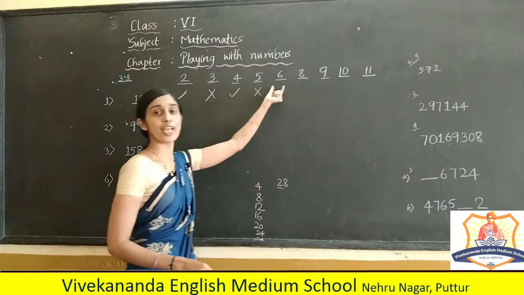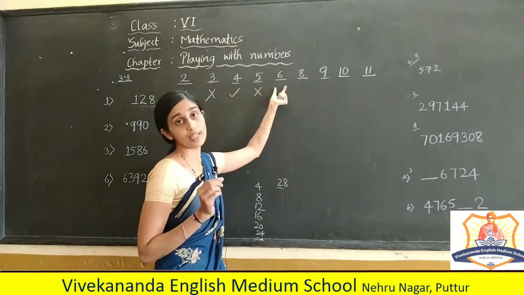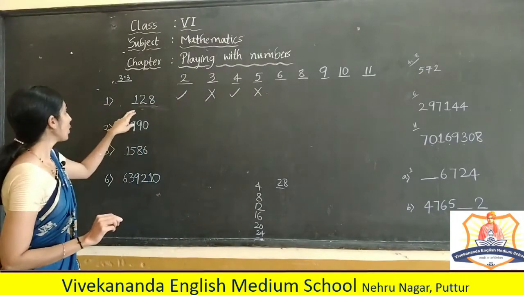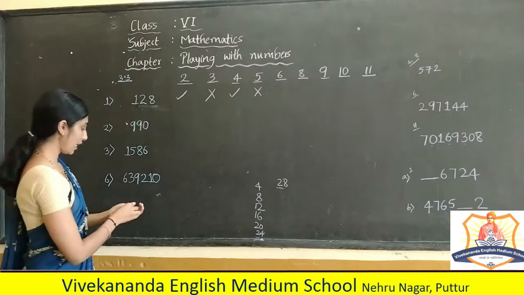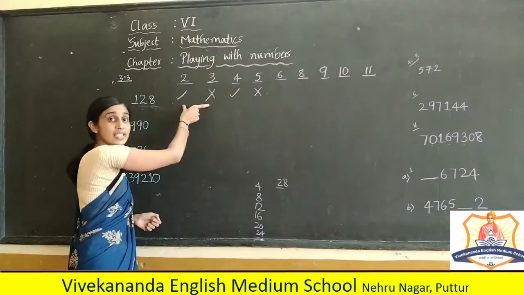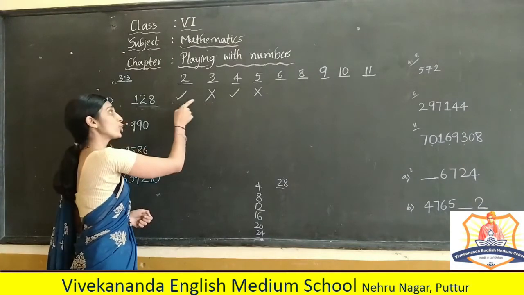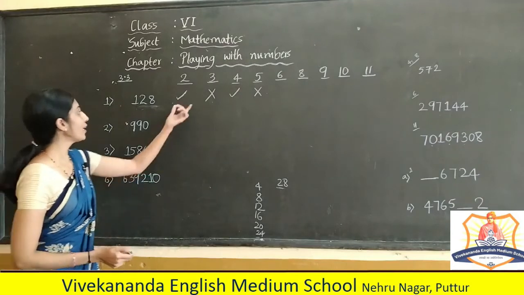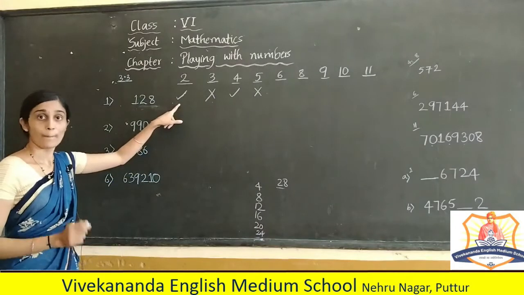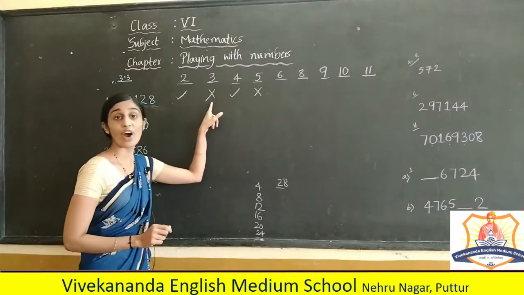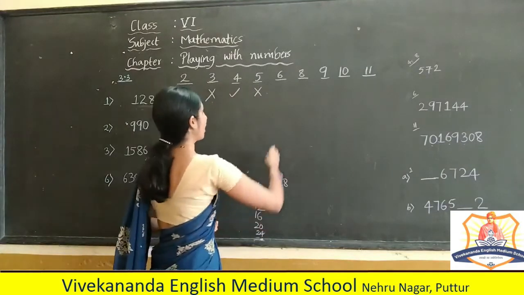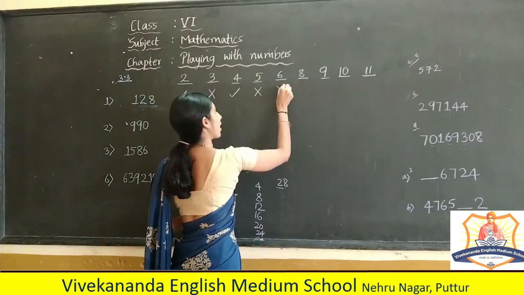Next, how to check if a given number is divisible by 6? Here we should see whether the given number is divisible by both 2 and 3. We can say that the given number is divisible by 2, but it is not divisible by 3. So it cannot be divided by 6 completely.